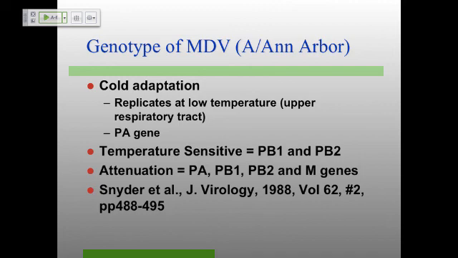This was originally made, just like all attenuated vaccines: do a whole bunch of passages, see that it doesn't give you much disease, use it. But more recently, we found out where those mutations are, and curiously enough, they're mostly in these polymerase genes. So polymerase genes are determining whether you replicate at the low temperature or at the high temperature, which is kind of the last thing I would expect in terms of how you'd get these to, in fact, work.